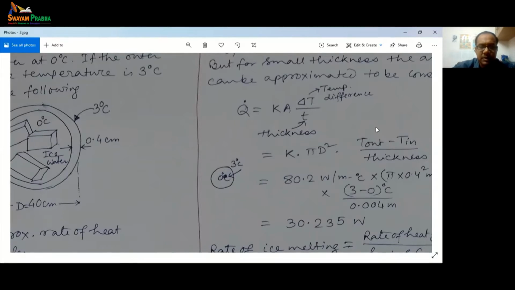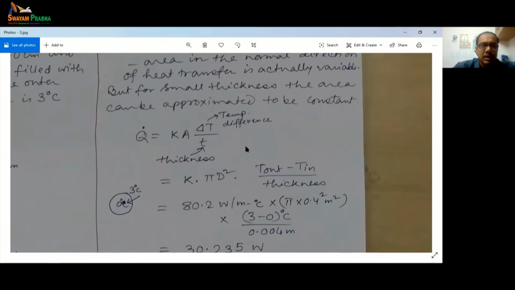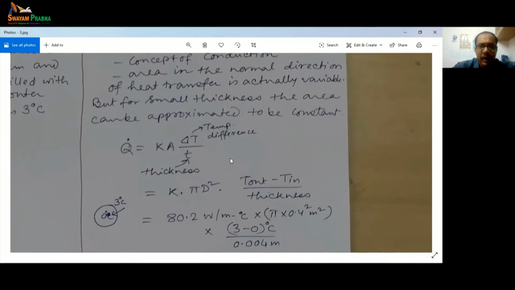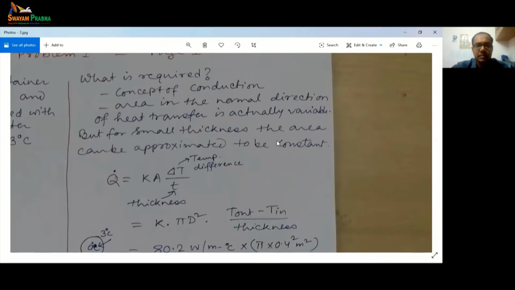It may be a partial differential equation, or in this case it will be an ordinary differential equation. But what is important is that you will need all those equations and boundary conditions to actually solve this problem accurately. But here we are after a very approximate analysis.